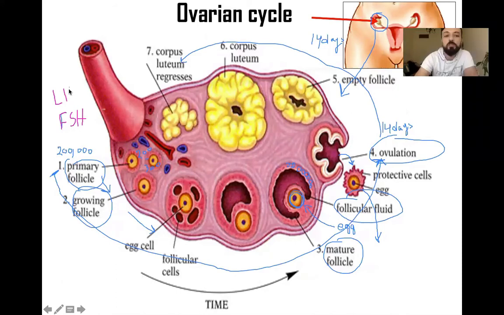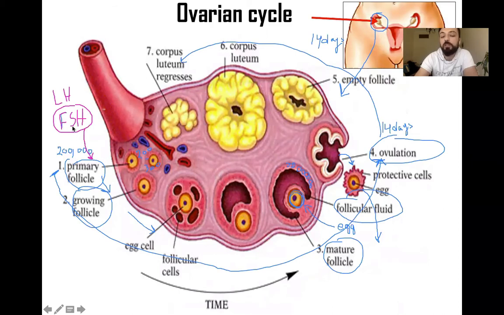Which one of these two hormones do you think is used during the first few days? Is it the FSH or the LH? Which one will be used in the first few days of the 28 days? FSH. Since its name is FSH, F stands for follicle, S is for stimulating, and H is for hormone. FSH is a hormone that's released to the ovary, and it stimulates the follicles to develop.